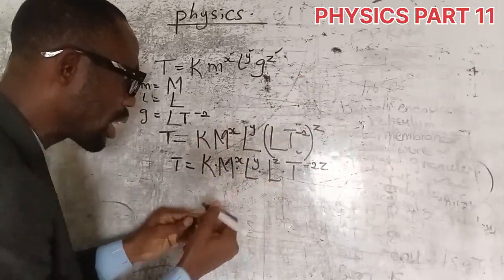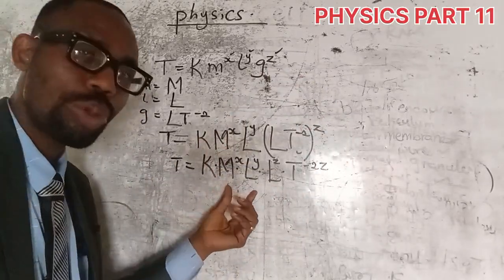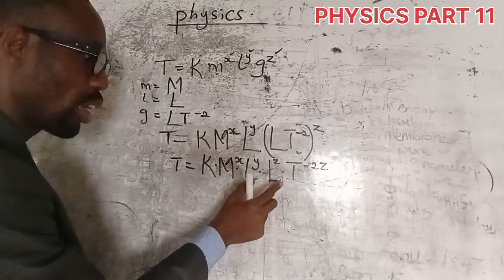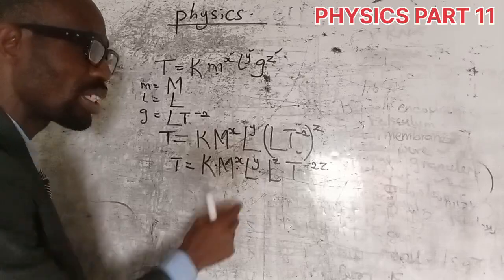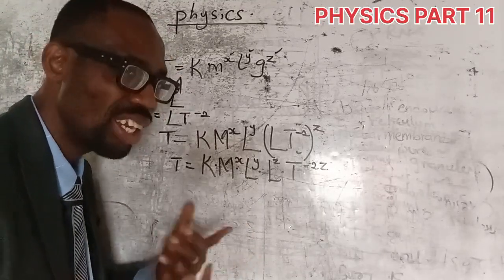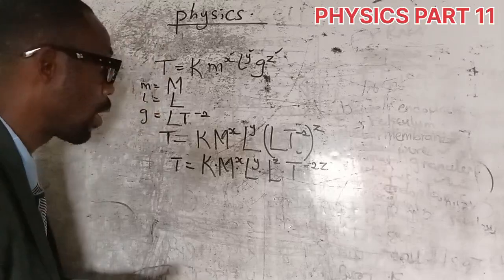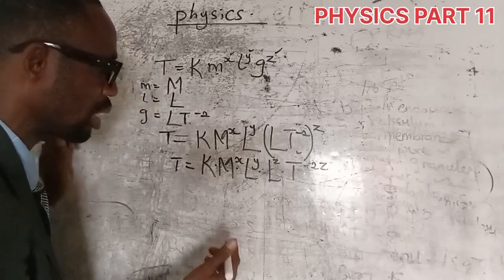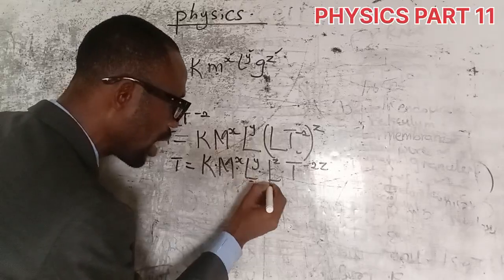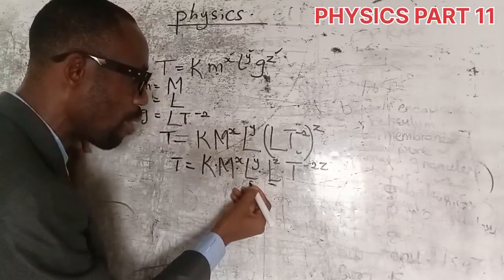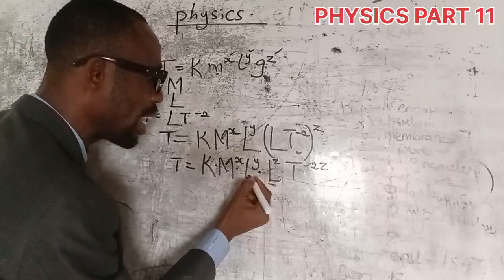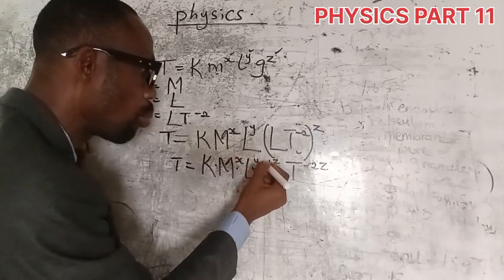Now, let us make each dimension appear one at a time, because we have two lengths here with different powers. You need some level of mathematics in physics, in fact a lot of understanding of mathematics. So we're going to take a law from mathematics. According to the law of indices, when the bases are the same and you are multiplying them, you add the powers.